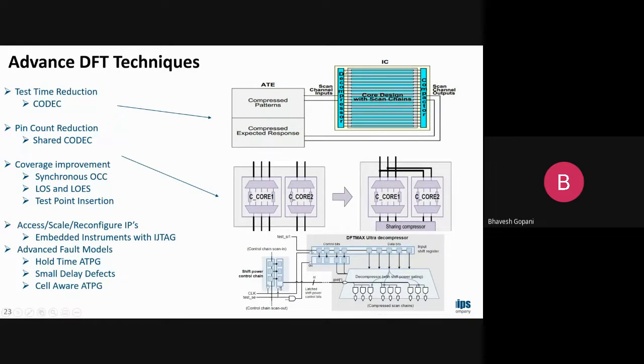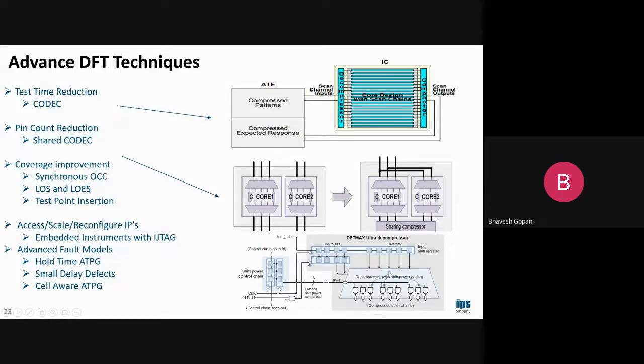One of the techniques is the compressor and decompressor codec. The decompressor has certain logic, and based on our configuration we can partition the one chain into sub chains, say n number of short chains. Again we can do the compression and take the output on the output side to the ATE. So how is the test time reduced here?